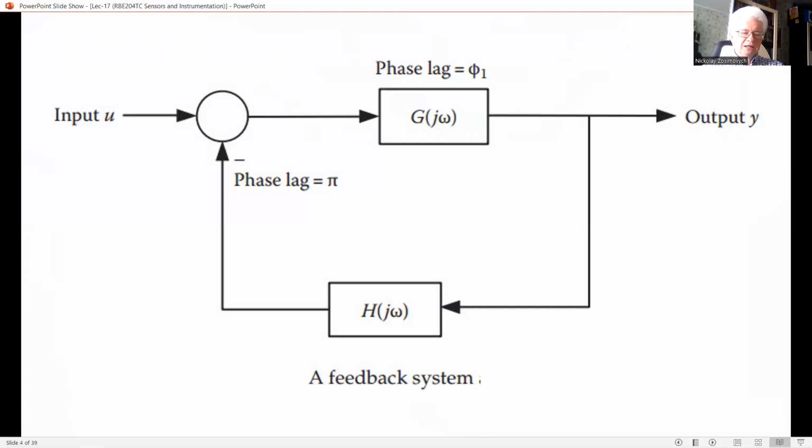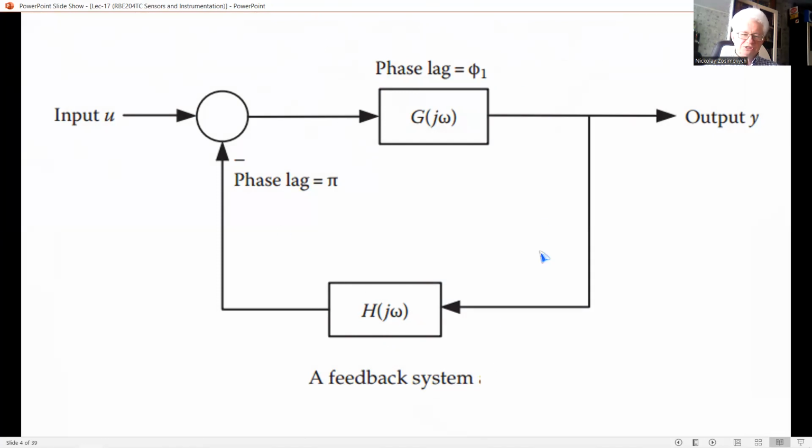To define these two parameters, consider the feedback system of this figure. The forward transfer function of the system is G(s), and the feedback transfer function is H(s), where s here is j times omega.